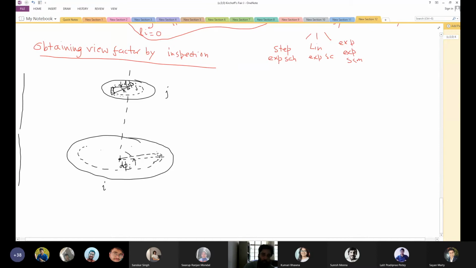So this angle is d phi j, this angle is d phi i. This is Ri, this is Rj. This is one elementary area here, and this is another elementary area. So this is dAi, this is dAj.